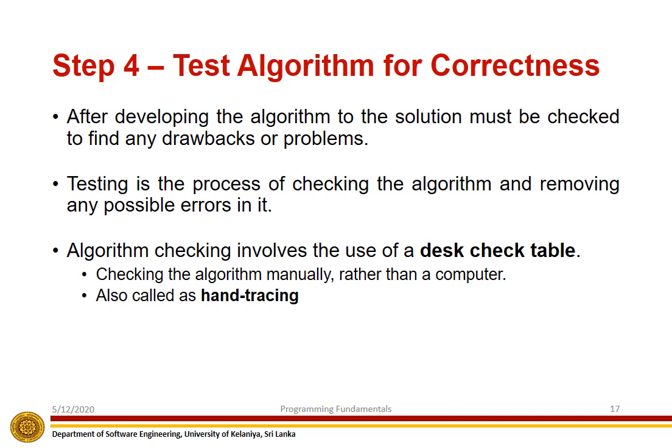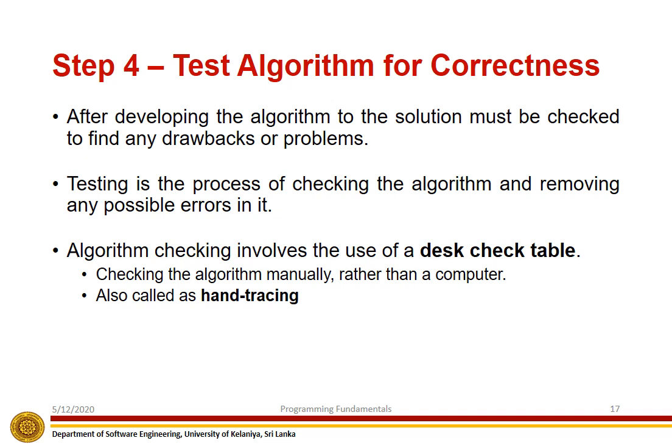The next step, step 4, is to test the algorithm for correctness. After developing the algorithm for a solution, you must check it for drawbacks and problems. If we have errors in the algorithm or it doesn't give the correct answer, after building the whole program it will give wrong answers or will not work properly. So this is the simple and best stage to check for errors and test the algorithm.